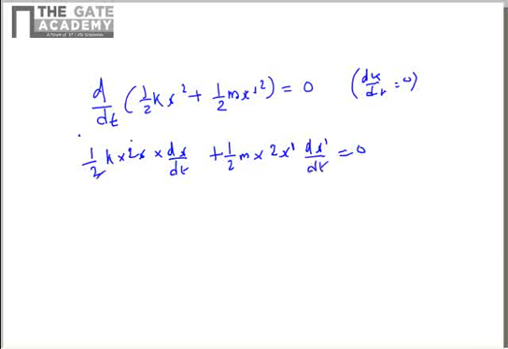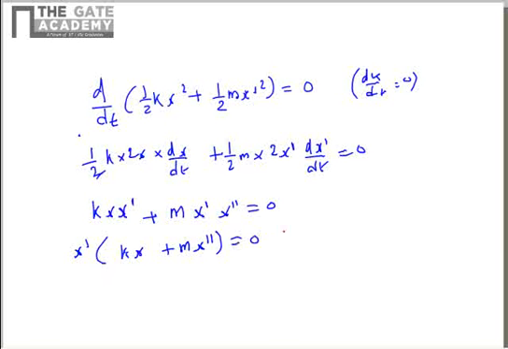Now 2 and 2 will cancel out, so we get kx dx by dt, which is nothing but the velocity of the mass, that is x dash, plus m x dash, and the differentiation of x dash is x double dash, that is the acceleration of the system, equal to 0. Taking x dash outside as a common factor, we get kx plus mx double dash equal to 0.